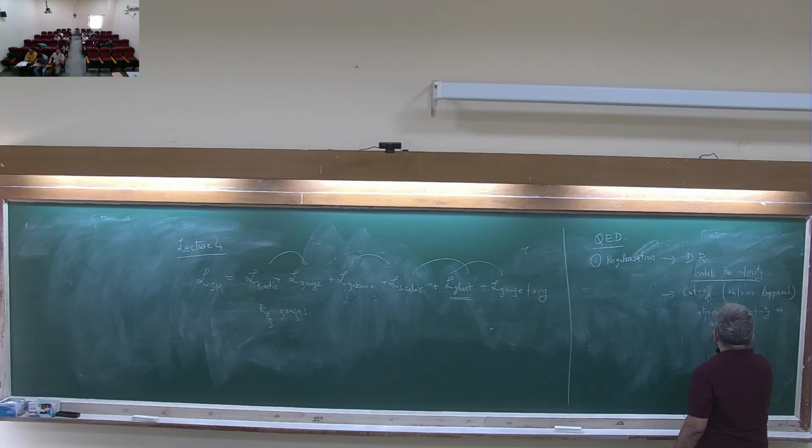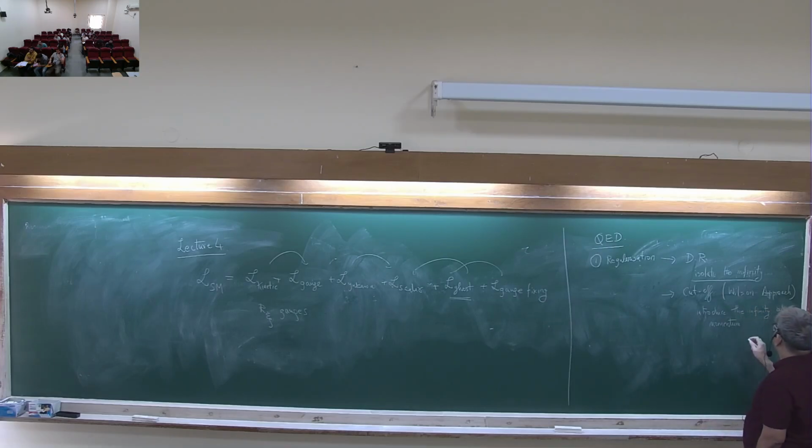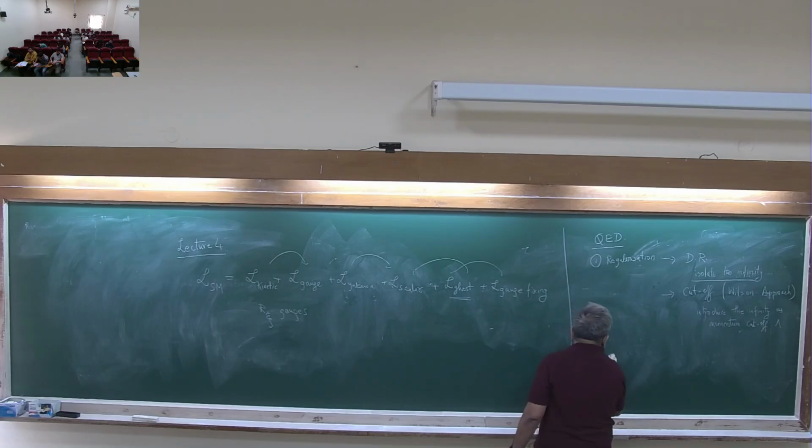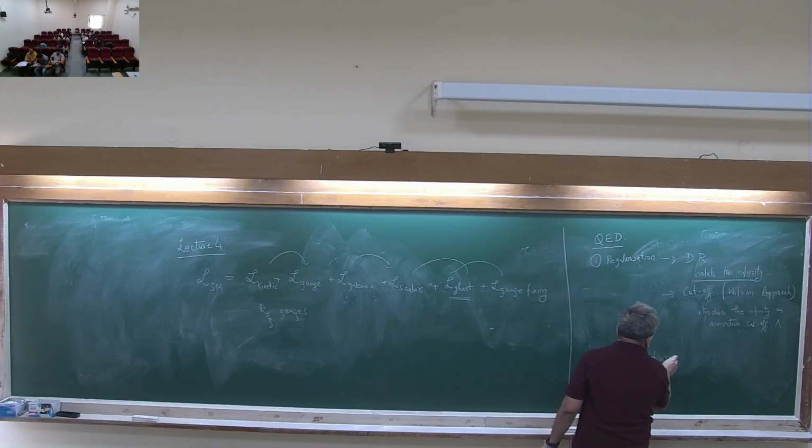You don't take the momentum all the way up to infinity, but to a momentum cutoff lambda. The second step is renormalization: absorb the infinities into the parameters of the theory.